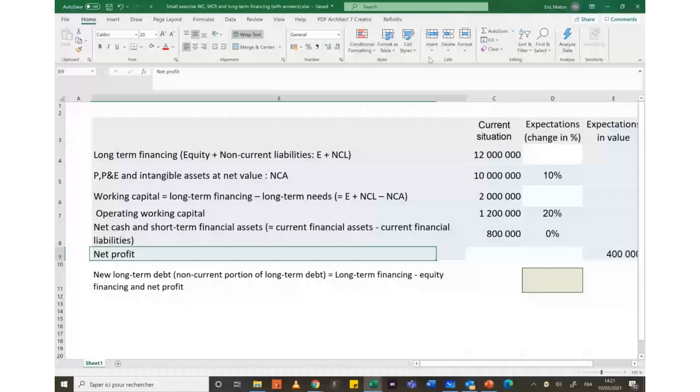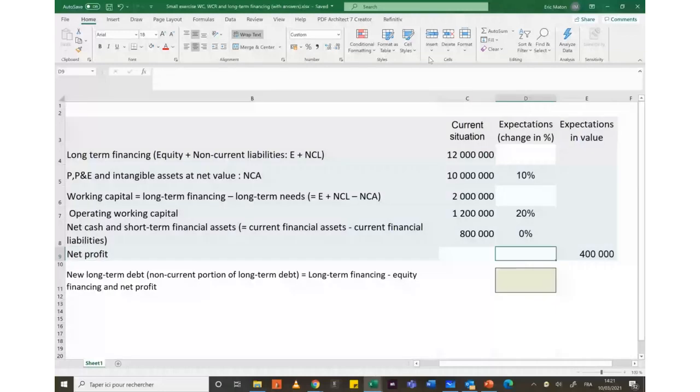So we have the current situation, we have the expectation with the change in percentage, we have the expectation in value, and we have to find what is the long-term debt we need in order to respect the different constraints. I give you 10 minutes to calculate and then we do the correction.